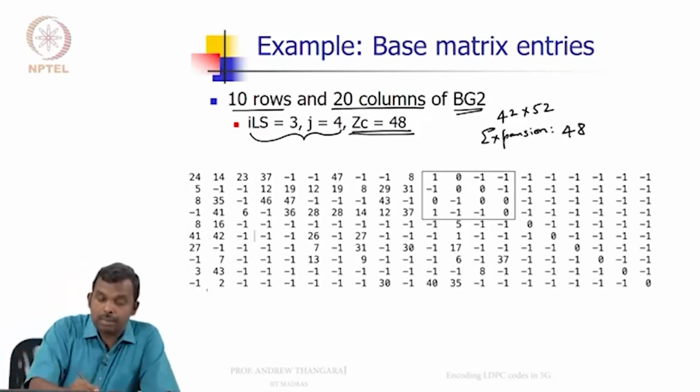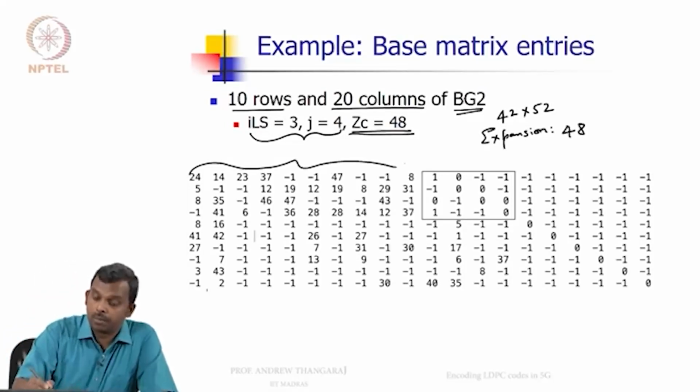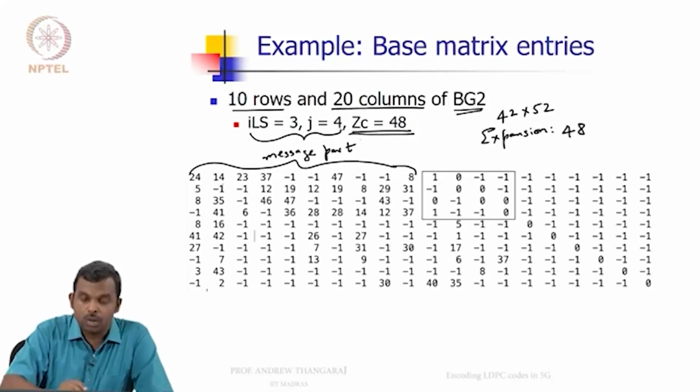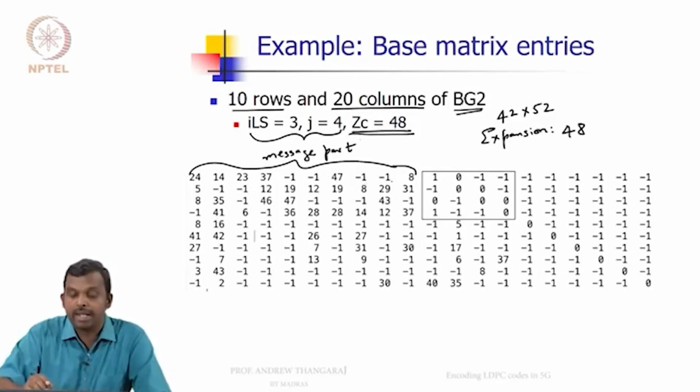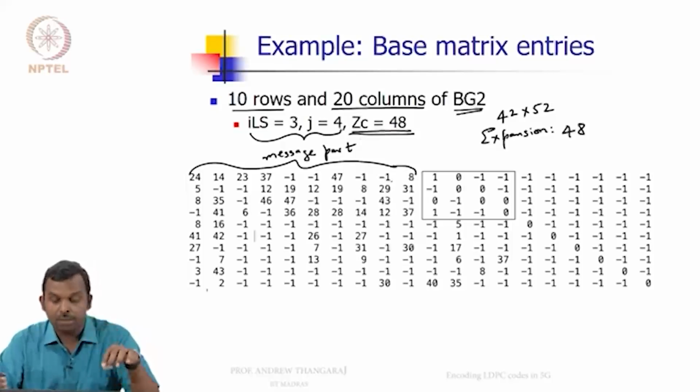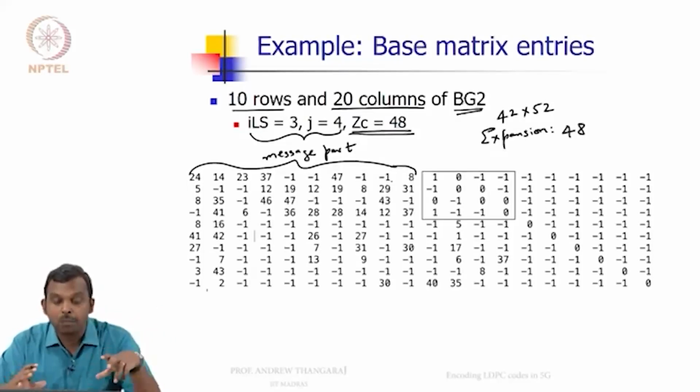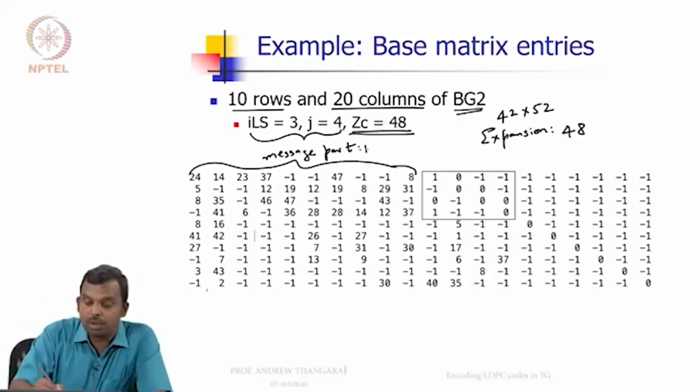So if you notice, this is the message part. There will be 10 message blocks, 1, 2, 3, 4, 5, 6, 7, 8, 9, 10. Each message block actually will expand to a 48 by 48 binary matrix. So overall, after expansion, the message part will be 480 bits long, 10 into 48 bits.